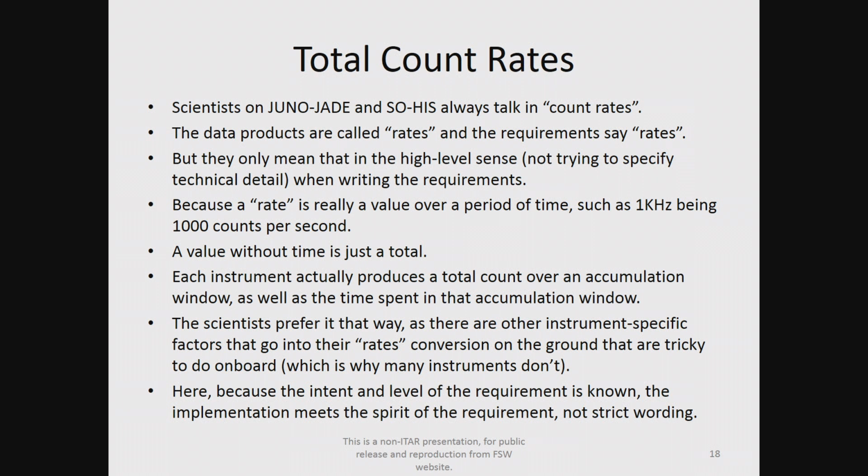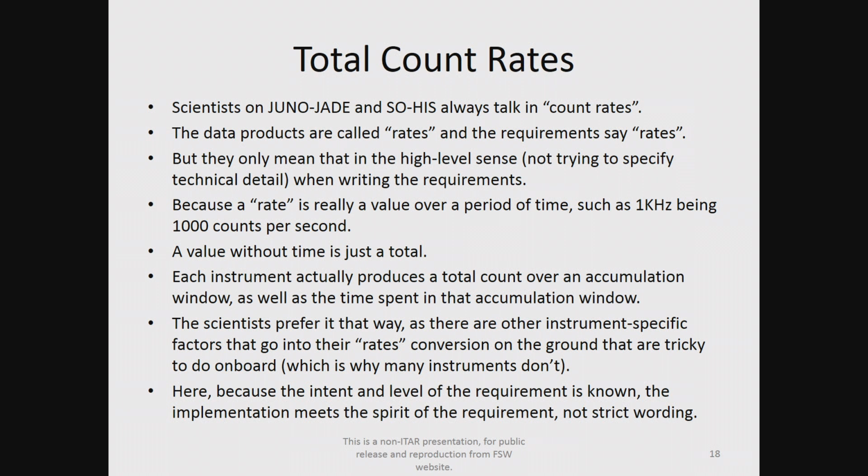So knowing that what they're asking for is a high-level requirement, I can go and specify my low-level requirement as: software can provide total counts and time of accumulation, and that's all okay because the scientists have agreed to that. It works out better for us on both ends.